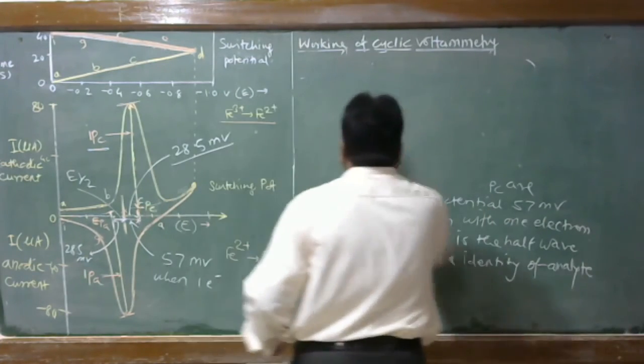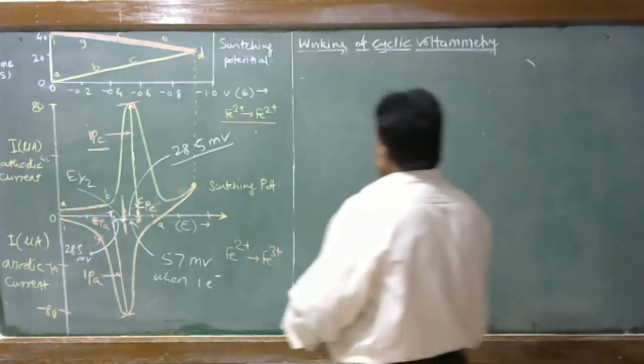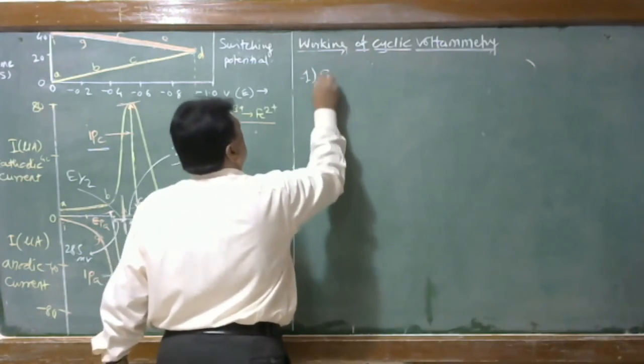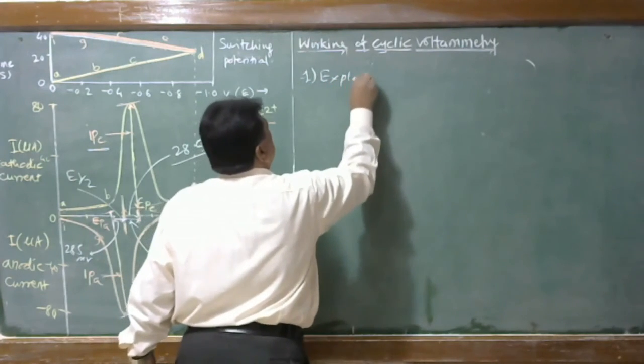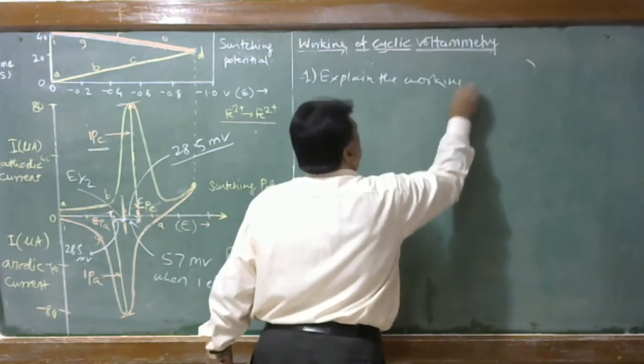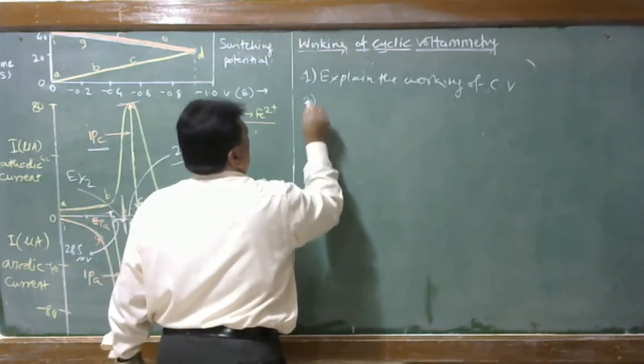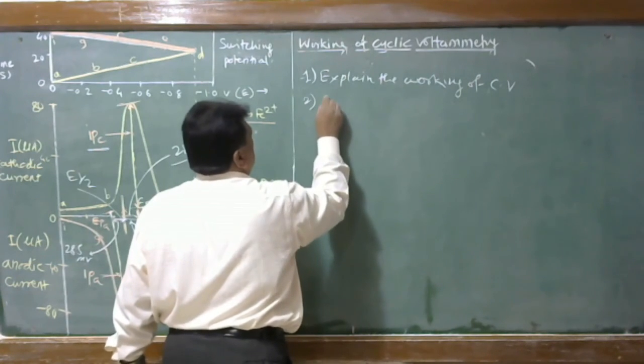Question number 1. Explain the working of cyclic voltammetry with suitable example.